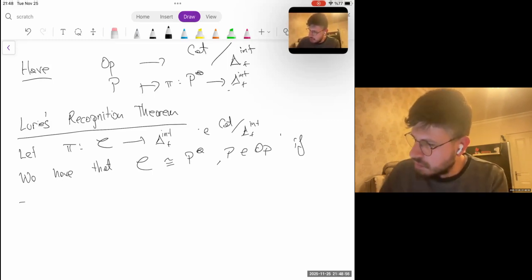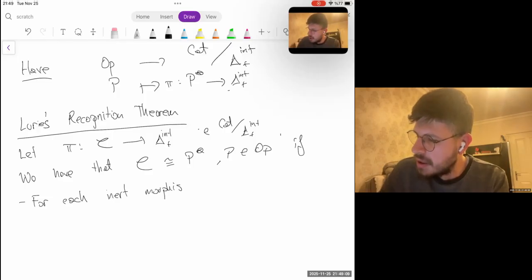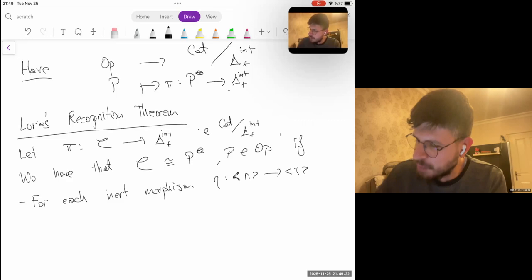Okay, so for each... what are these called? Inert morphism. I will explain what this is in a second. So let's call this eta. So this is the sequence with n elements into one.